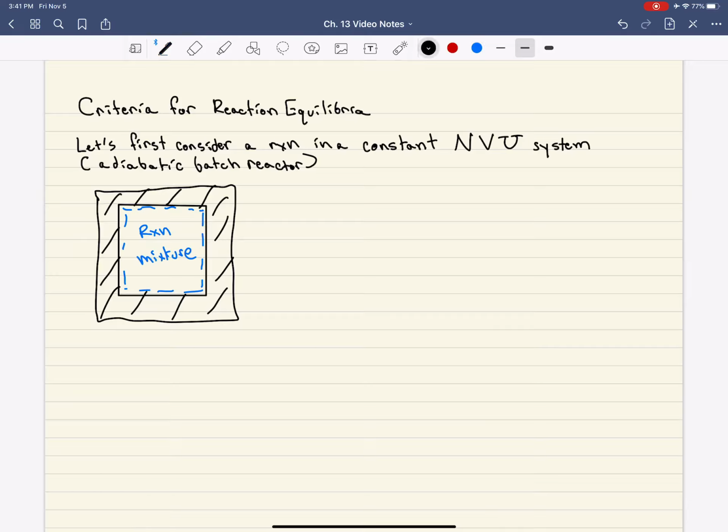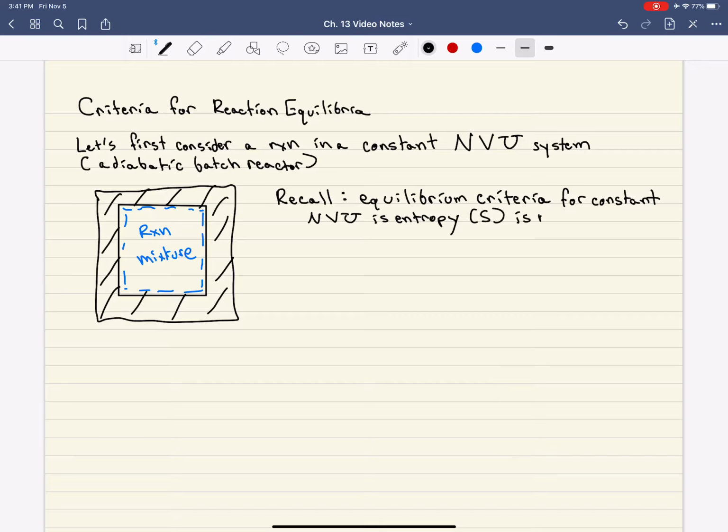Okay. All right. Now, if you remember from our previous discussions, or at least back in Chapter 7, when we talked about a constant NVU system, for this sort of system to reach equilibrium, what had to happen is that the entropy of the system, or S, is maximized.